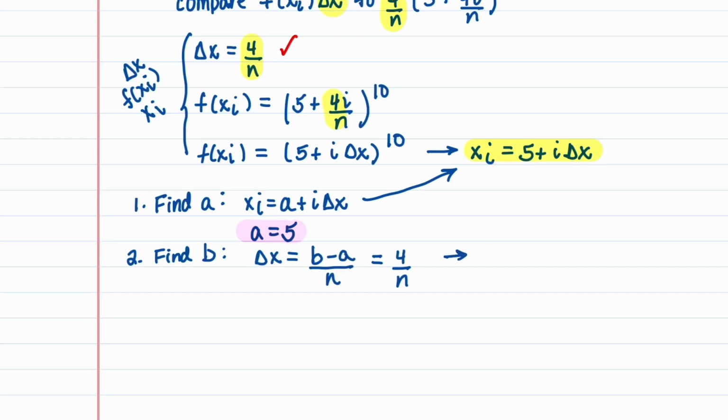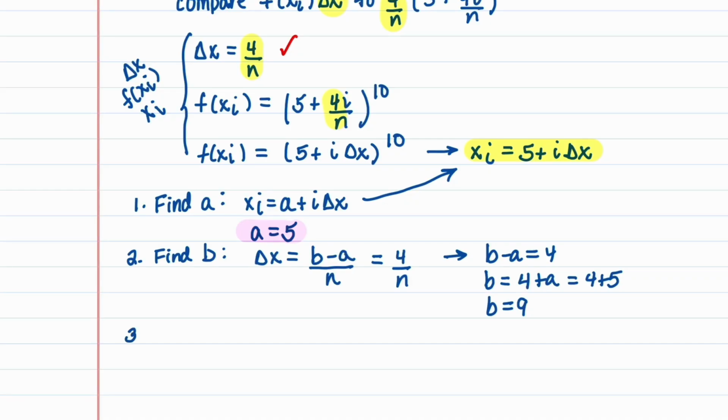So that tells us that b minus a is equal to 4, or b is equal to 4 plus a. And we found that a was equal to 5. So this is 4 plus 5, and we get that b is equal to 9. Now, hang with me. We are almost done.